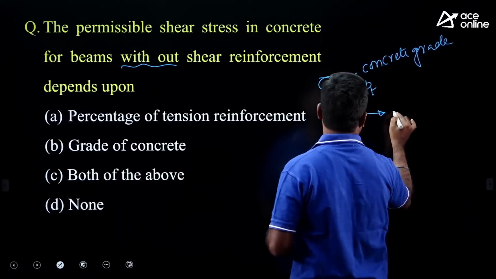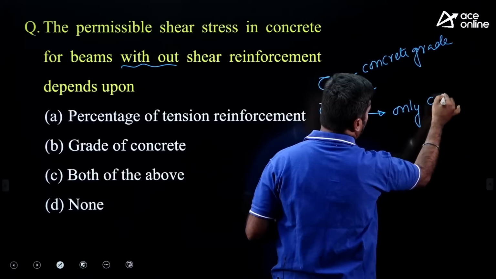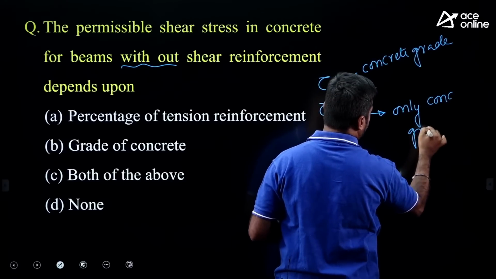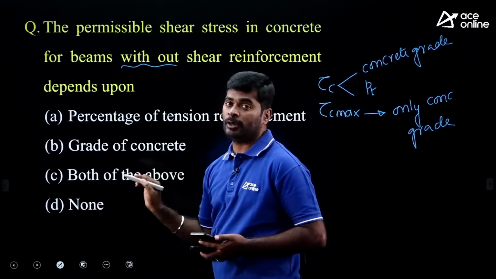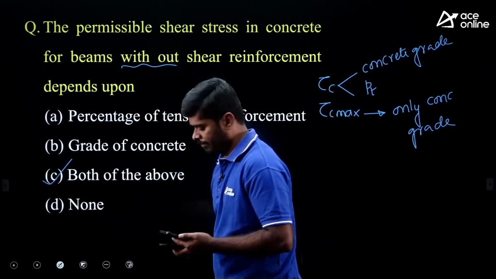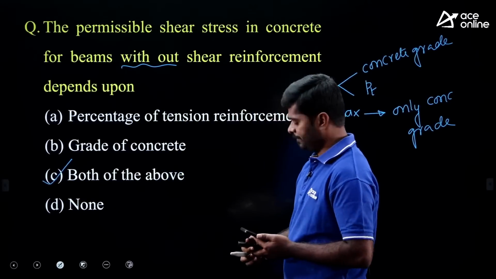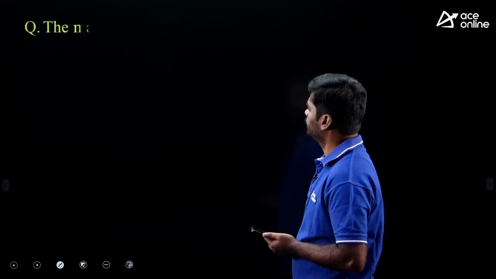But tau C max depends on only concrete grade. But here given without, so it is tau C. Tau C depends on both. Option C is correct. Then move to next question.